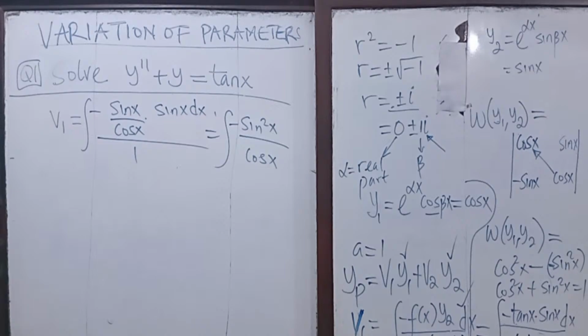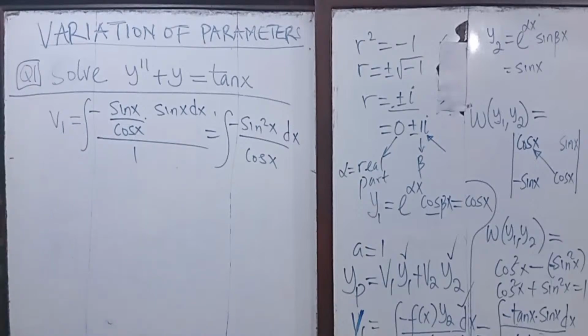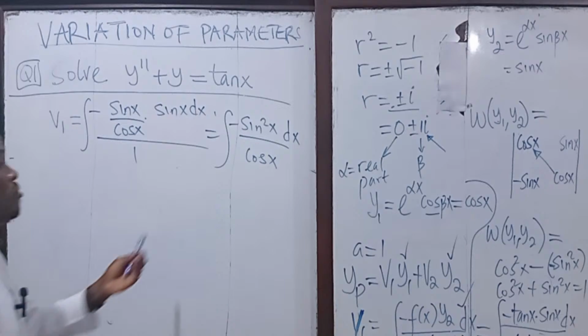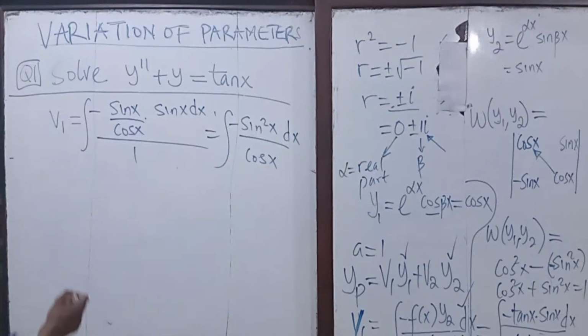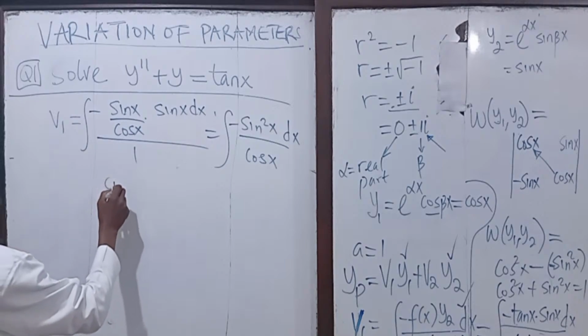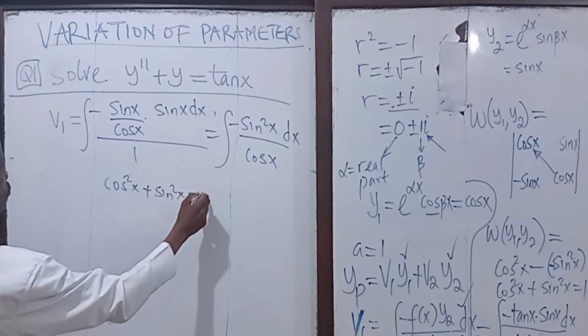We can use a substitution method to solve this question. I mean, change your variable to solve this. And at the same time we can use cos square x plus sin square x equal to 1.